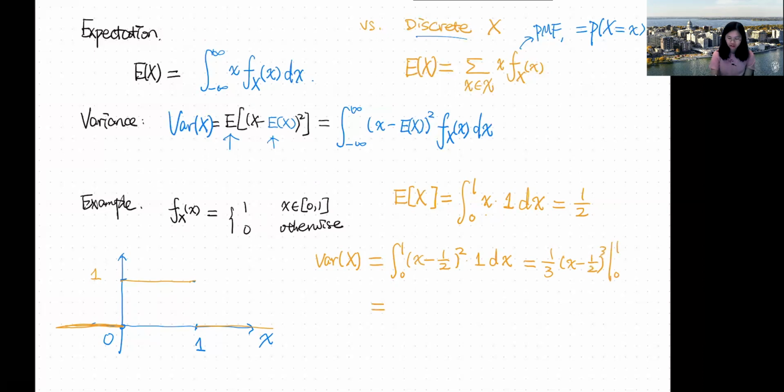And that gives us 1/3 times 1/8 plus 1/3 times... it's plus because it's to the power 3. So 0 minus 1/2 is minus 1/2, to the power 3 is minus 1/8. It's plus 1/3 times 1/8, which equals 1/12.